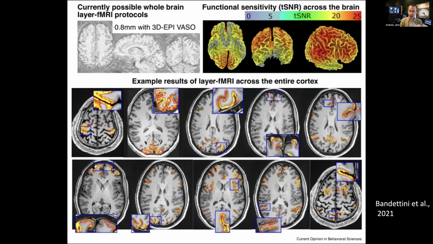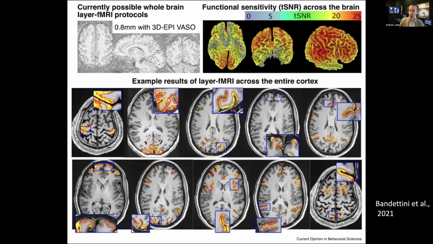So you'll need both that and a higher spatial resolution to start to resolve individual layers within the gray matter, right? So we know that in the human neocortex, typically we have 6 distinct layers. Gray matter thickness is around 2-3 millimeters, maybe more, maybe a little bit less, depending where you are.